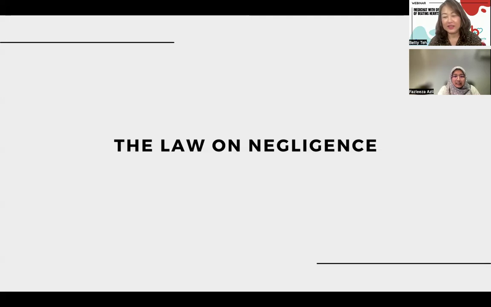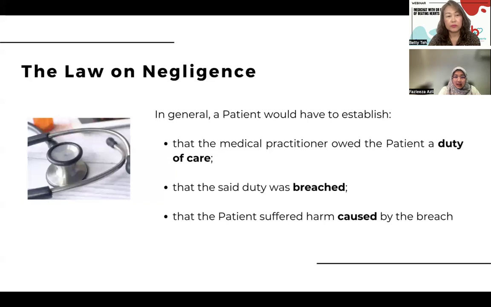The law on negligence, at the end of the day: to enable the patient to file a medical negligence case against a consultant, there are three criteria that the patient needs to establish. Next slide, please. First of all, the patient needs to establish that the medical practitioner owed the patient a duty of care.